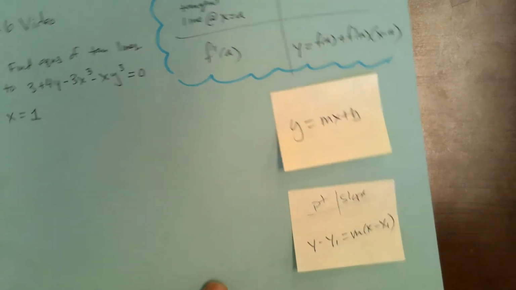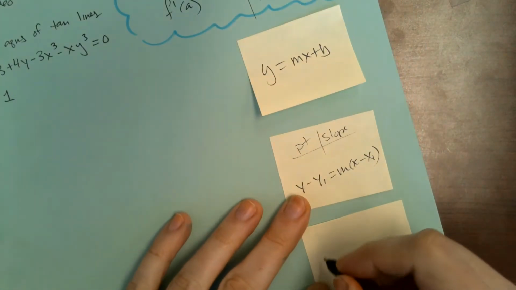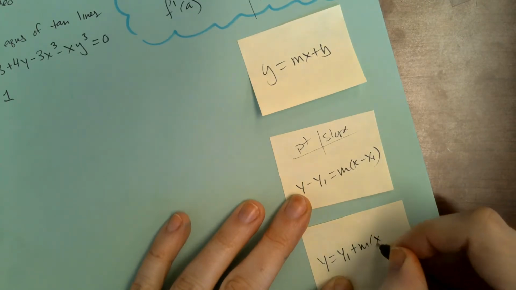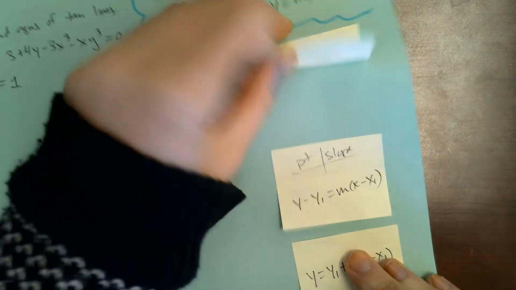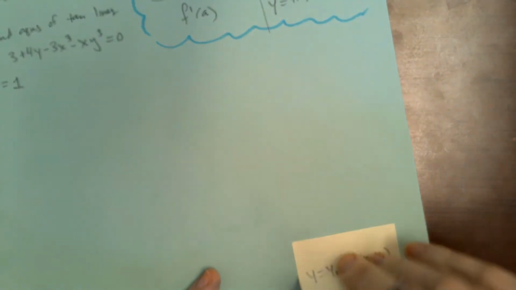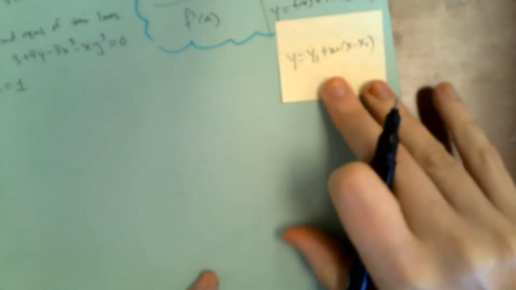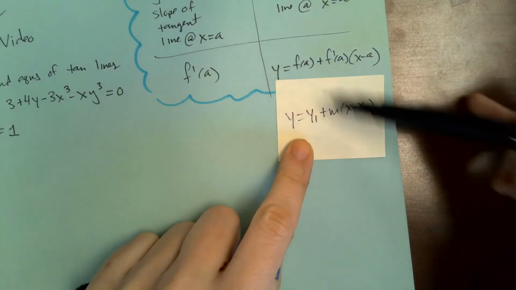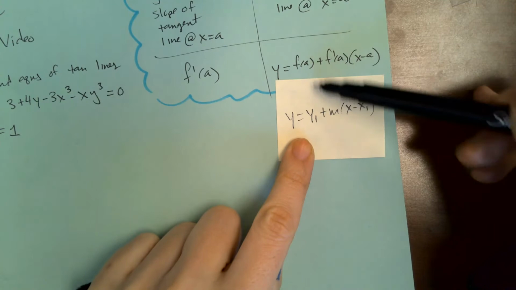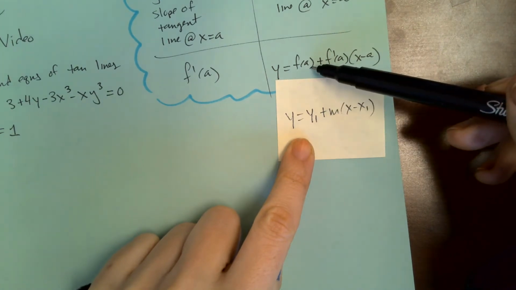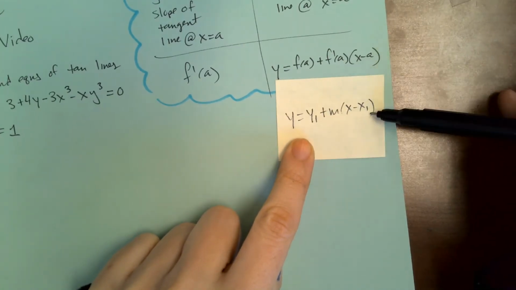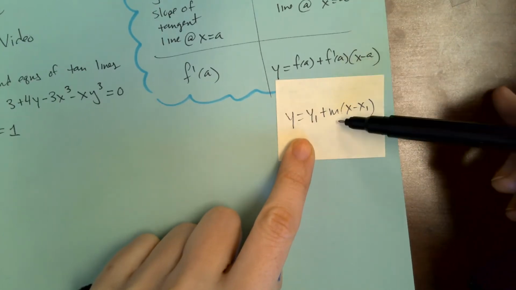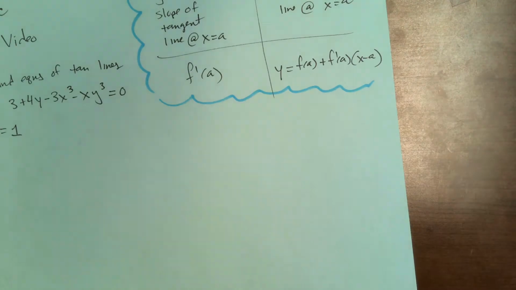So you'd get y equals y1 plus m times x minus x1. And that really is the same thing, okay? Because the y coordinate would be what you get when you plug the x coordinate in. There's the x coordinate, and since we're now in calculus, the slope is the derivative.